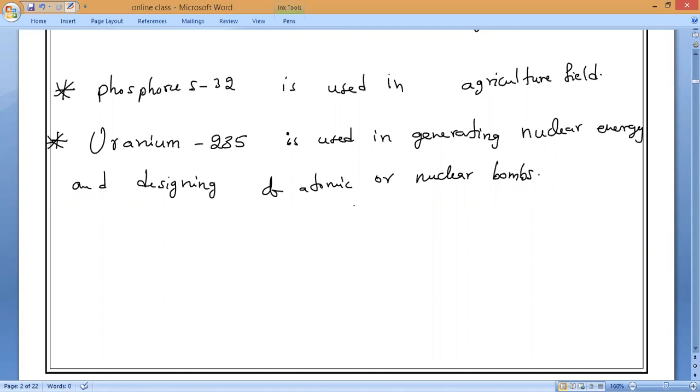The people are never healthy. They continuously have lung infections, many lung cancers. The babies born there are always physically handicapped, and mentally also they will never be fine. Like that, a lot of problems come. Uranium-235 is very, very dangerous.